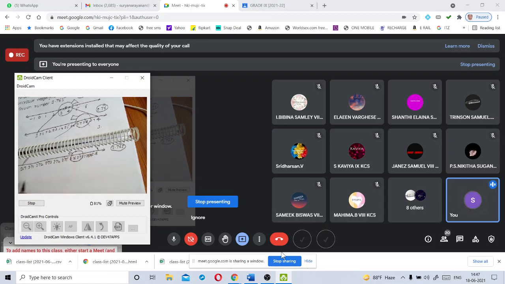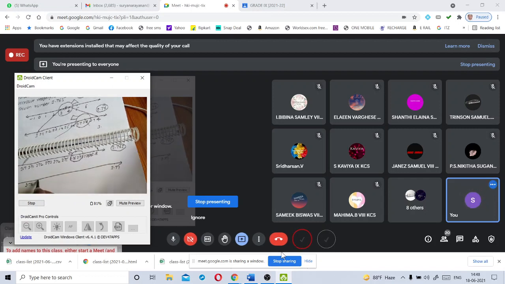Again, we have to draw a number line. At this end, 3.76. At this end, 3.77. Just write these two endpoints here and divide the region between these two numbers into 10 equal parts.